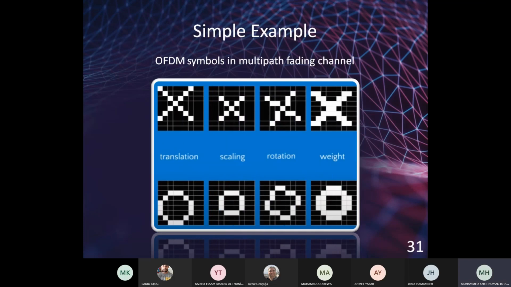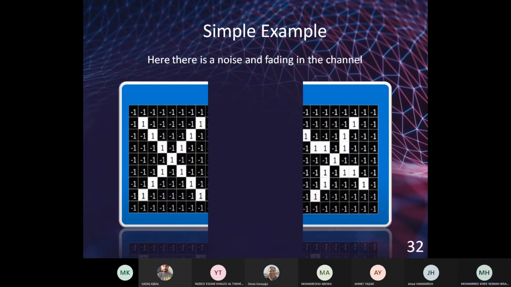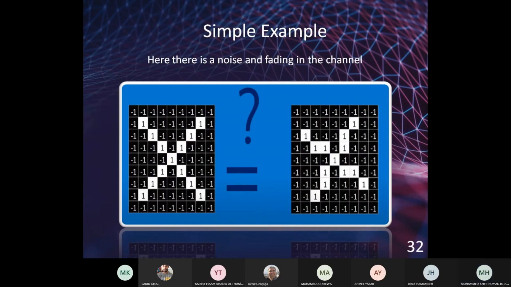Also O. Maybe it may be shifted or rotated, or it can be bigger or smaller, and this is due to noise or multipath fading in our case. So here there is noise and fading in the channel. You see that there's a distortion in the X symbol.